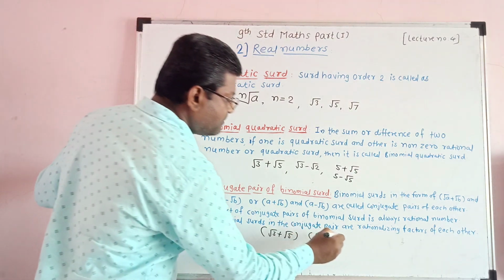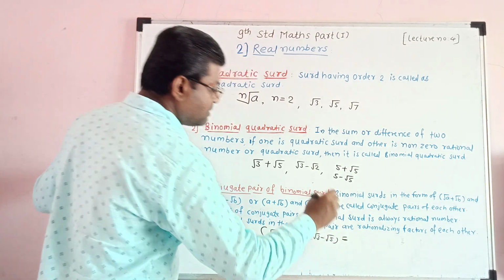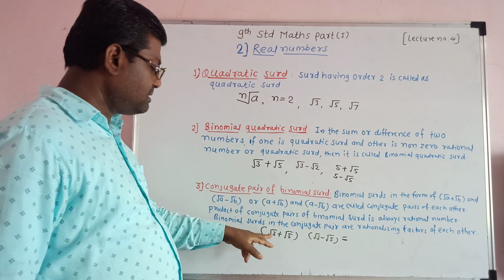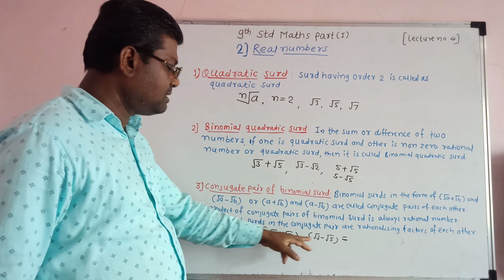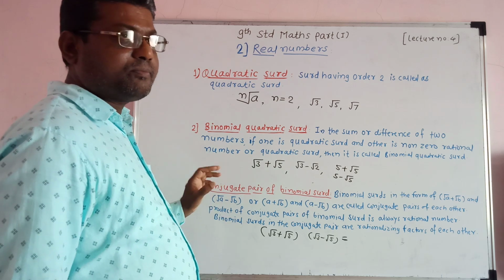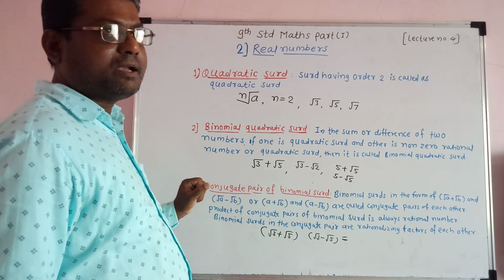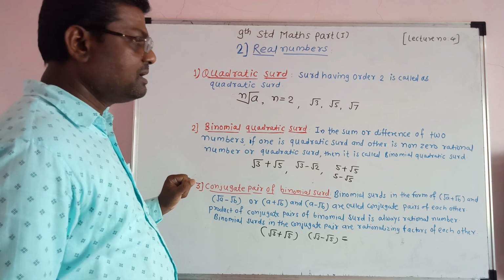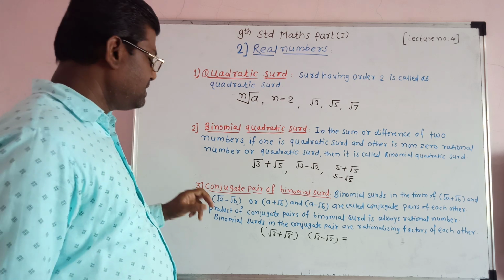Now if we multiply these two pairs, what will happen? It is in the form of a plus b into a minus b. We know that a plus b in the first bracket, a minus b in the second bracket, then its answer will be a square minus b square.